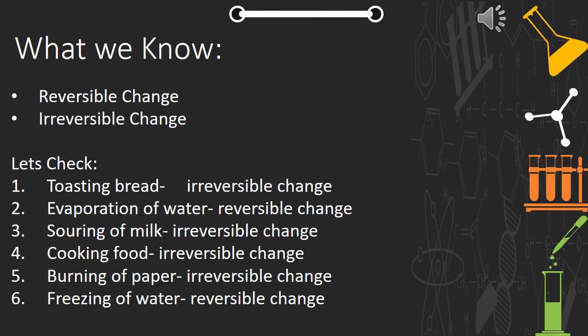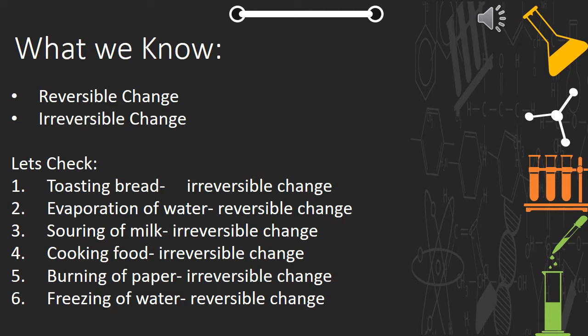Okay children, let's first recall what we already know. In standard 6th we have already seen types of changes, which are reversible change and irreversible change. So quickly we'll see what is reversible and irreversible change.